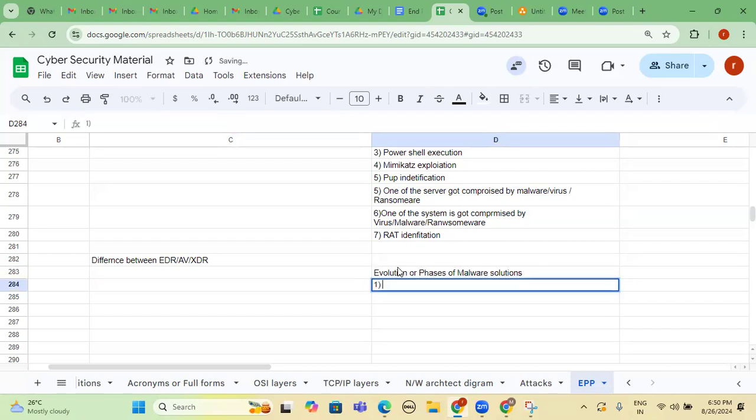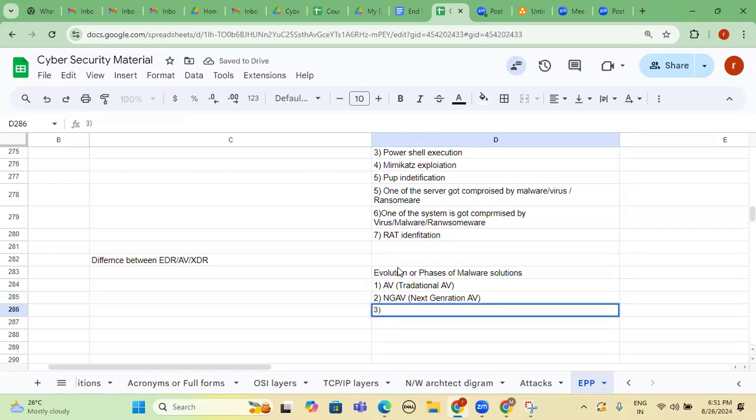So up to 2000, I can say traditional antivirus. Later it came NGAV, next generation antivirus. Couple of times NGAV we are referring to as EDR, but this is the fact. Third one is ESS, endpoint security suite. Most of the people are not aware of this one as well.